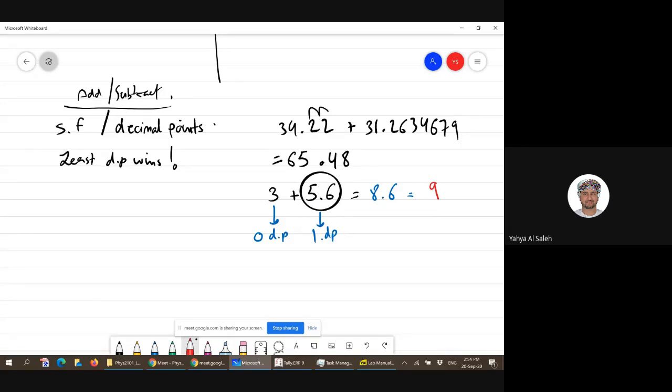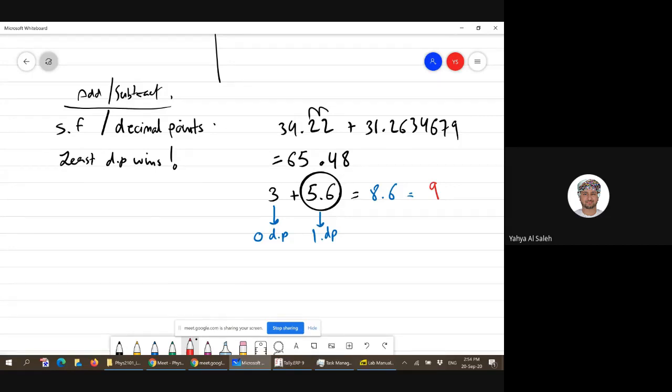Well, this is what happens. Your least precise piece of equipment, the one that gives you the least number of decimal places or significant figures, is the one that limits how much you can report your data. It doesn't matter if all the fancy equipment I have in the lab gives me data to 5 decimal places.